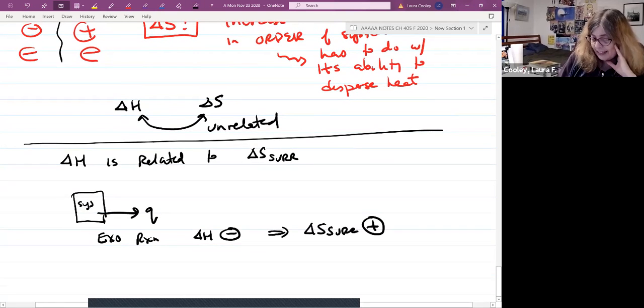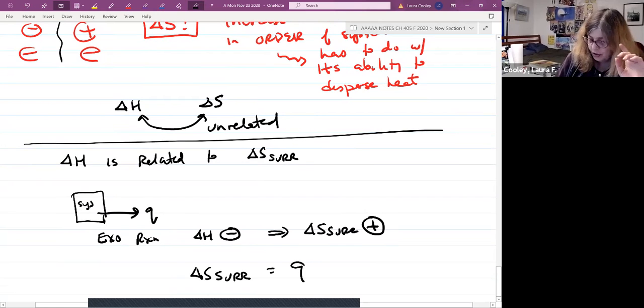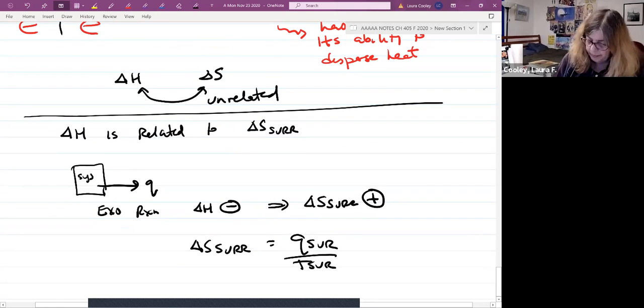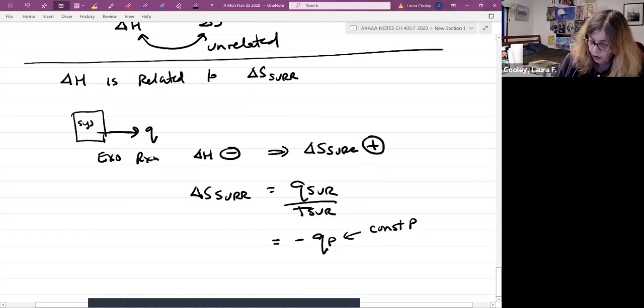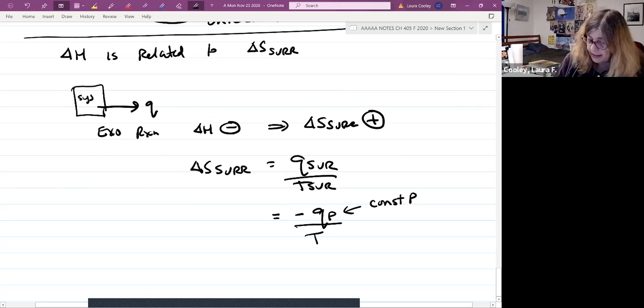In fact, delta S surroundings is directly related to delta H. Delta S surroundings is Q surroundings over T surroundings, which is equal to negative Q, which at constant pressure is negative QP, over T, if we say the system and surroundings have the same temperature.